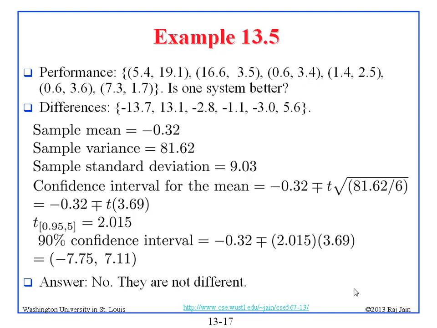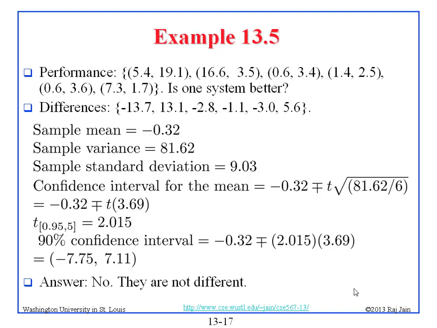So you compute the sample mean, sample variance, and sample standard deviation, and since there are only 6 samples, you have to use the t distribution. Then you use that t value, and s divided by the square root of n, where n is 6.